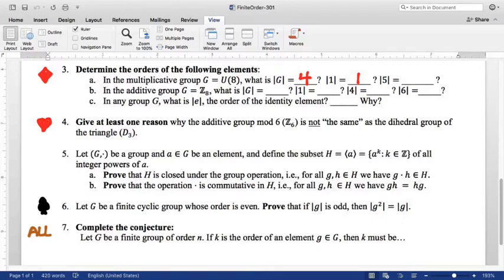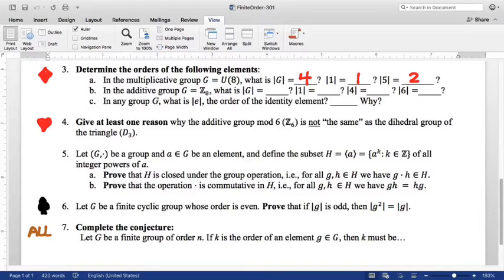Just a single copy of 1 is all it takes, 1 to the first power. What about 5? What was the order of 5? 5 times 5 is 25, which mod 8 is equivalent to 1, the identity element.